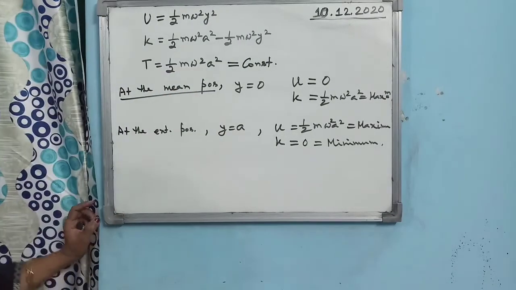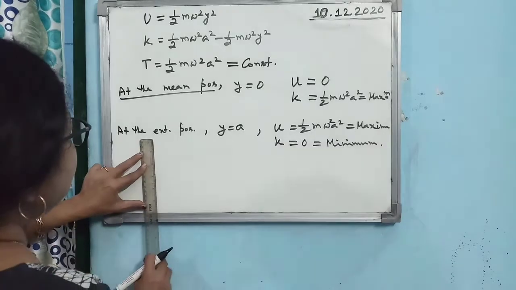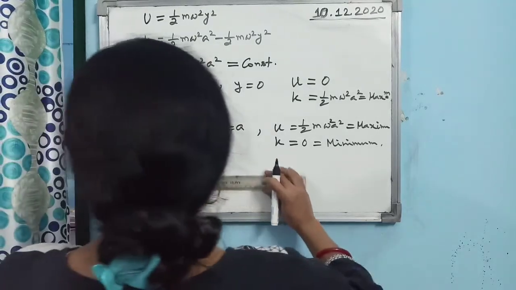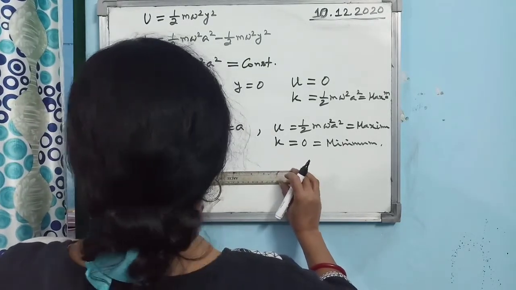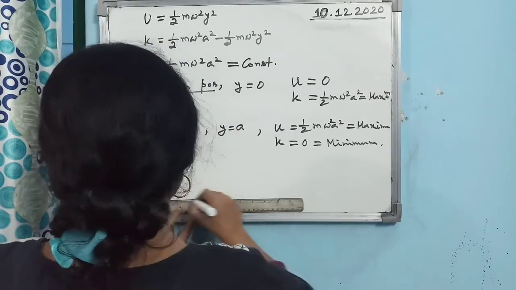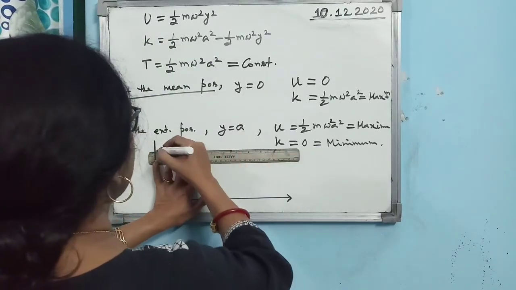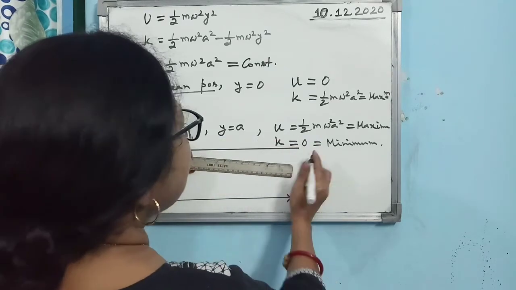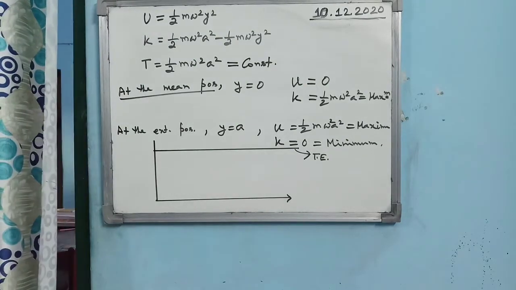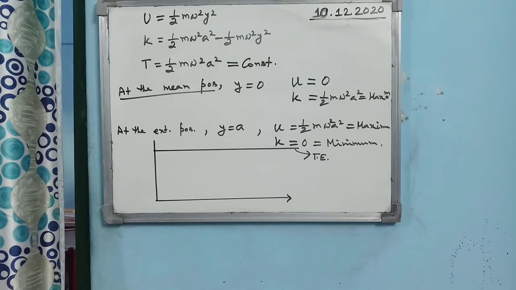Alright. Clear? Now if you want to plot the energy graph, it will look like this. Consider that this is the time axis. Total energy is always constant, so this is the total energy graph. Now what about the kinetic energy and potential energy?